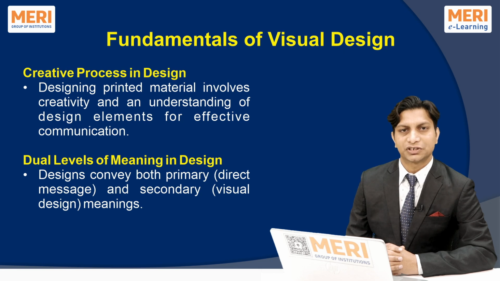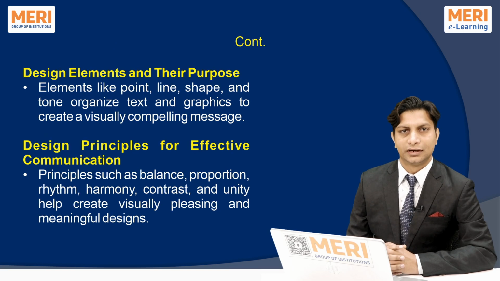From the designer's perspective, there are two levels of meaning in a message. The primary meaning, which is the direct message communicated through text or images, and the secondary meaning, which is conveyed through the overall visual design. Design elements help organize text and graphics on a page in a way that is both effective and visually pleasing.